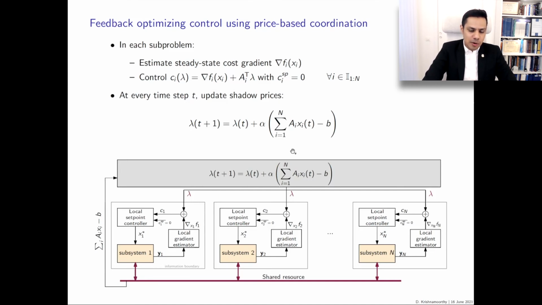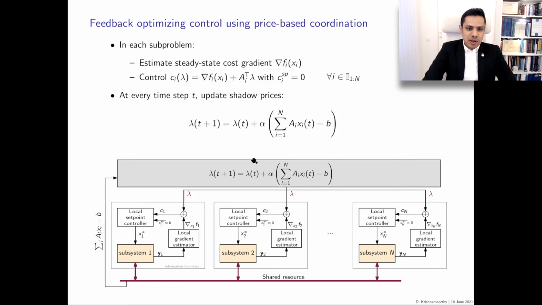Okay, so by doing so, what we have done is we have now transformed the Lagrangian decomposition framework or the price-based coordination framework into several local feedback control problems coordinated by the same master coordinator.